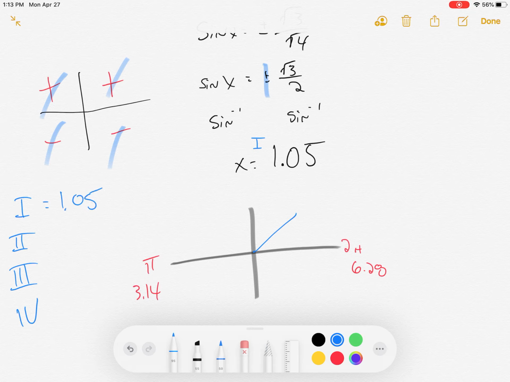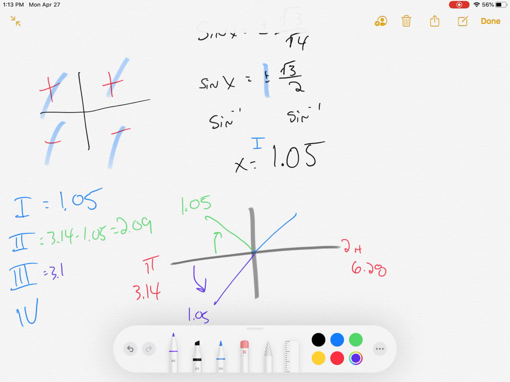For quadrant 1, I said it was 1.05. For quadrant 2, I'm going back 1.05. So I'm going to do 3.14 minus 1.05. You should get 2.09. In quadrant 3, I'm still going 1.05. That's my reference angle, but now I'm going forward.